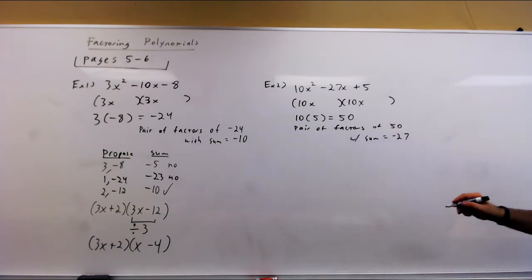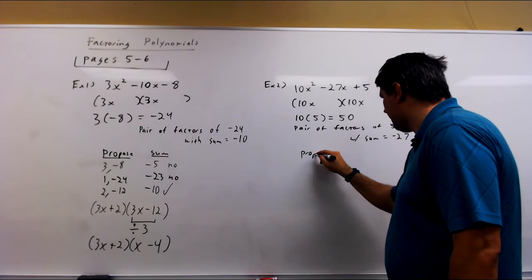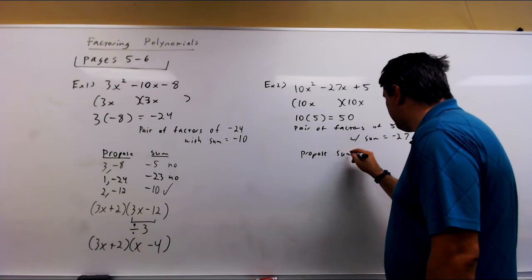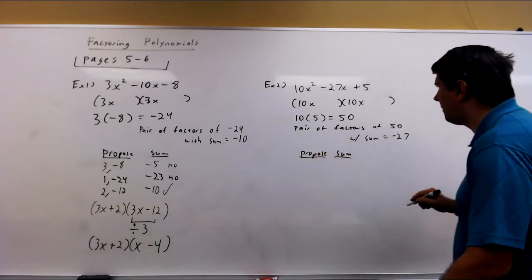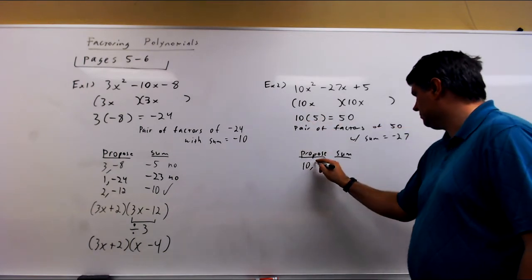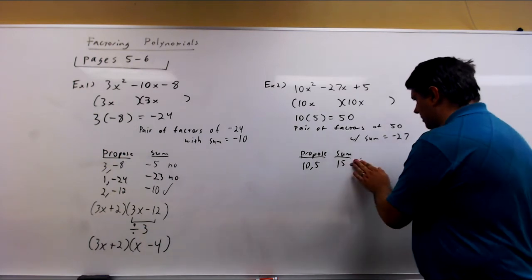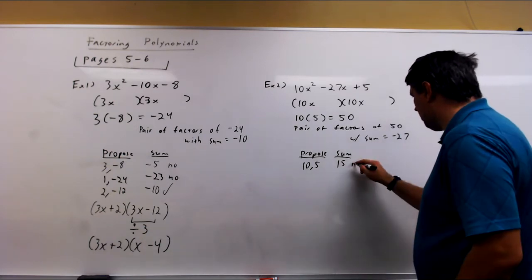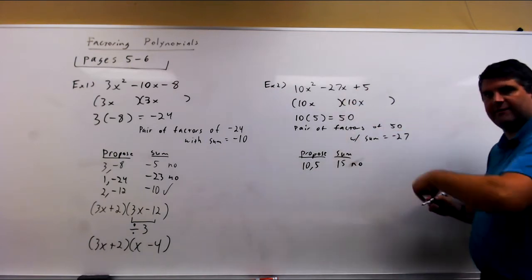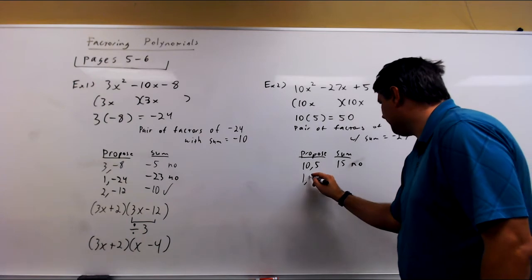I'll start with the pair that gave it to me for the proposed sum. The pair that gave it to me was 10 and 5. That's 15, which is not what we need, because we need negative 27. Let's try 1 and 50.